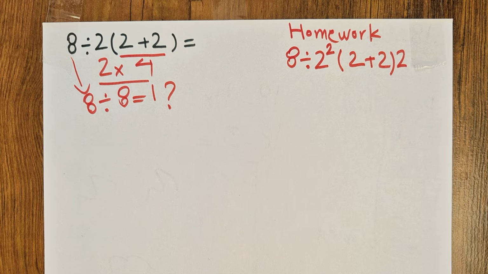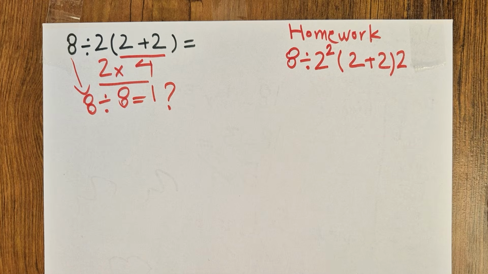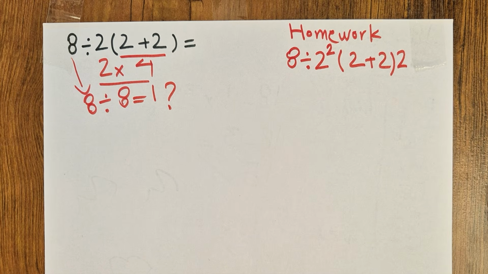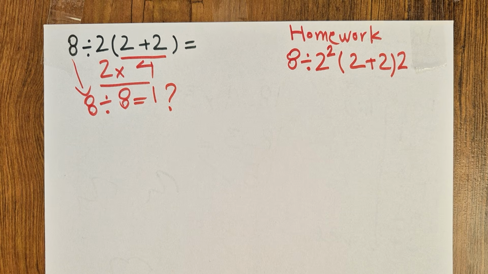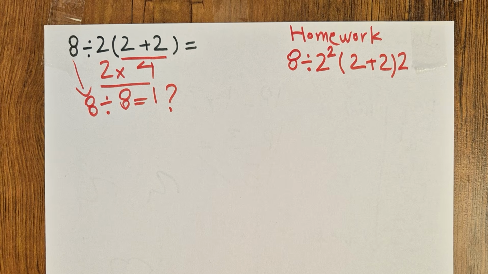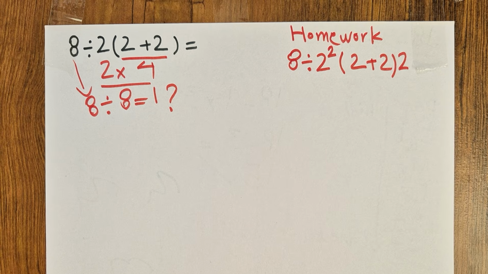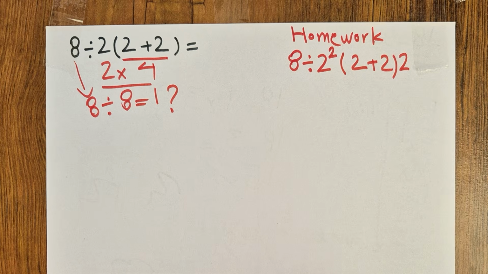You didn't follow the correct order of operations properly. So, for God's sake, let's learn this order of operations, because without this, it would be chaos in mathematics. You would always end up with wrong answers.